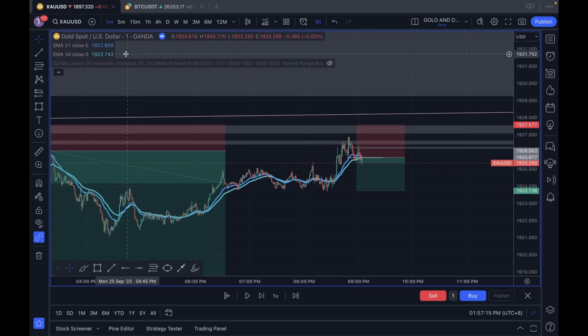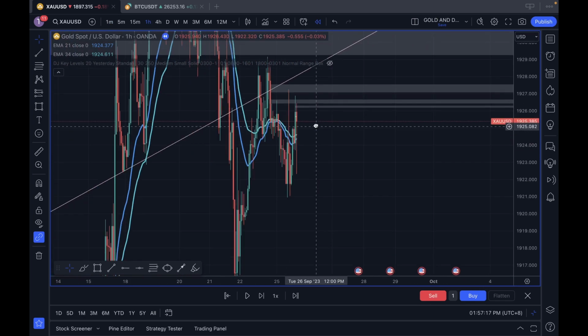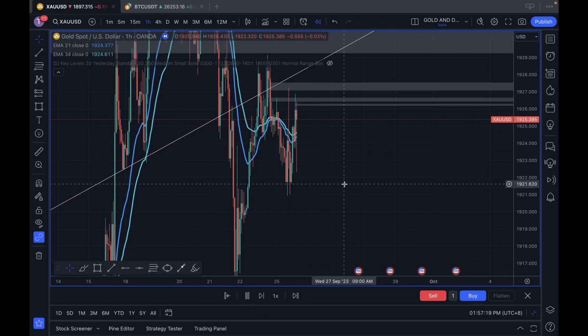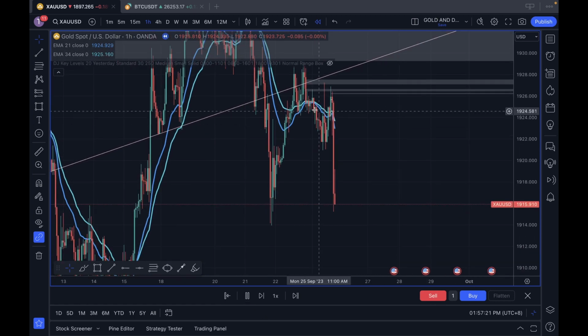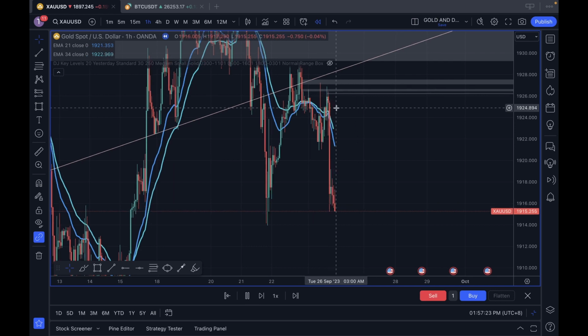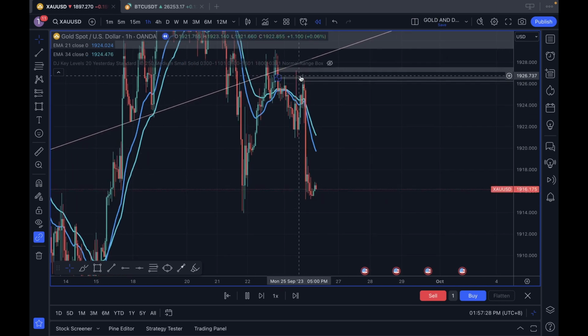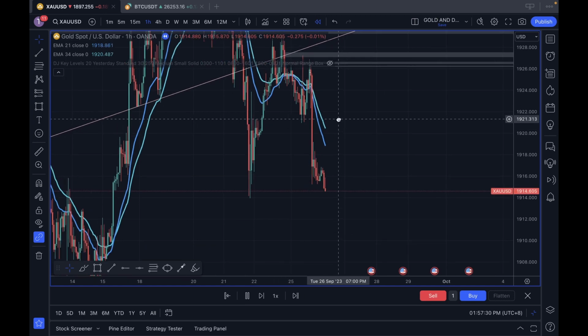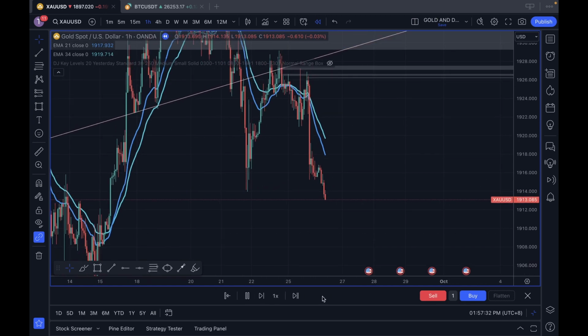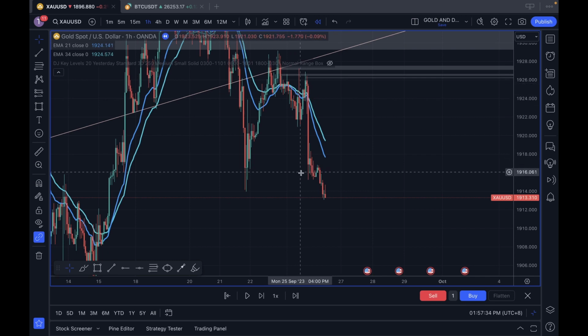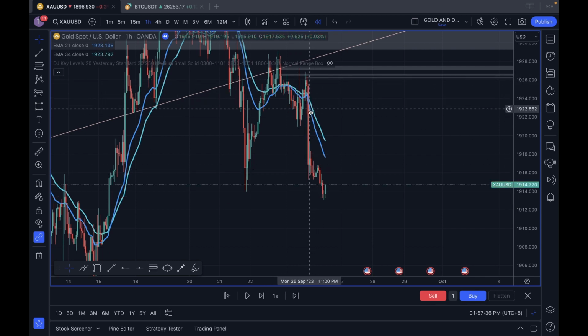And then going back, zooming out from the H1, play it forward, it started to drop from that area. And that is how I took this entry. I just let the price run. After this huge drop, all right, I did not see the charts afterwards.